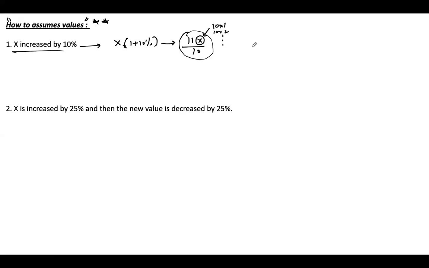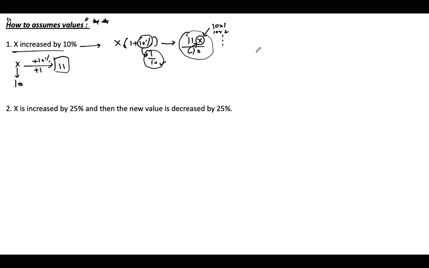So if x is increased by 10%, and you assume this value to be 10, that means you have figured out the denominator of 10%, which was 1 by 10, and taken the value of x to be a multiple of it. So when x is 10, it is increased by 10%, which is 1. The new value would be 11.